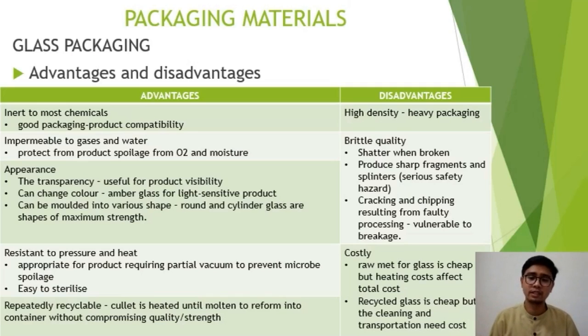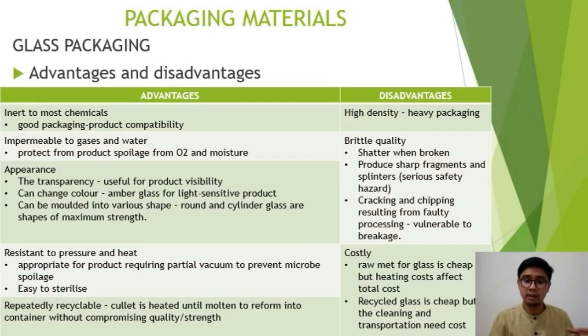The last disadvantage is that it is costly. The raw material to manufacture the glass is cheap, but the heating cost is high and affects the total cost of glass manufacturing.